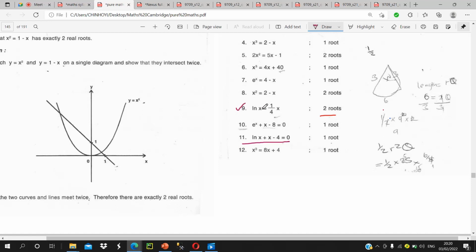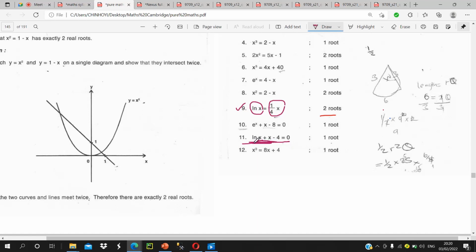Here's the equal sign. We drew this graph and we drew this graph. But as you can see, in number 11, all the variables are on one side, and we don't have a standard graph like in this form. So we have to split this equation into two graphs that are standard graphs, like ln x.